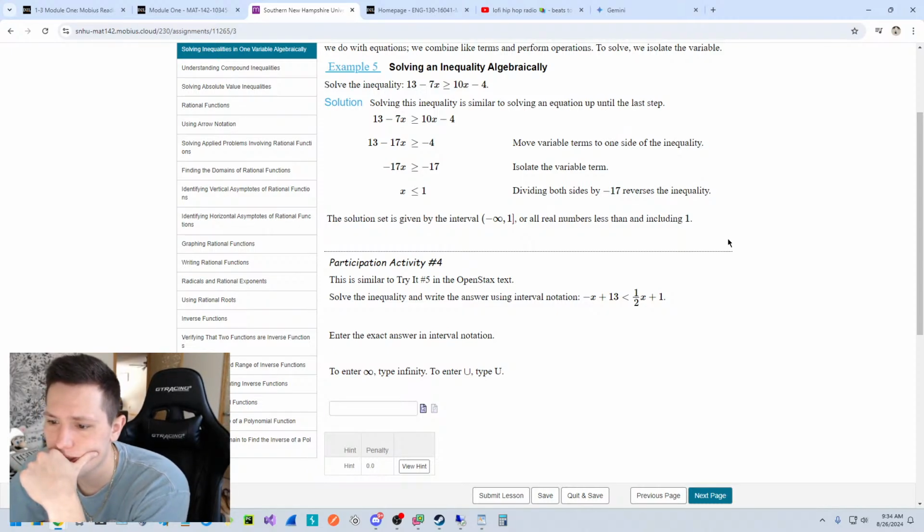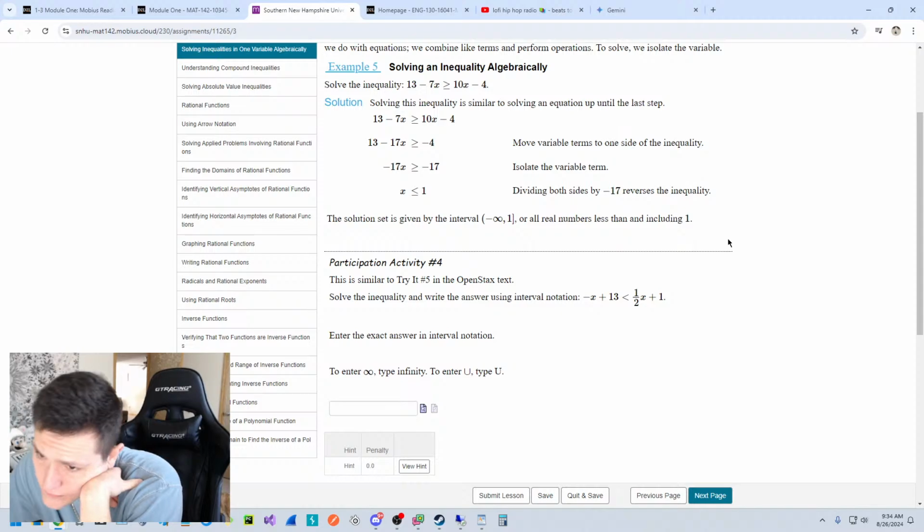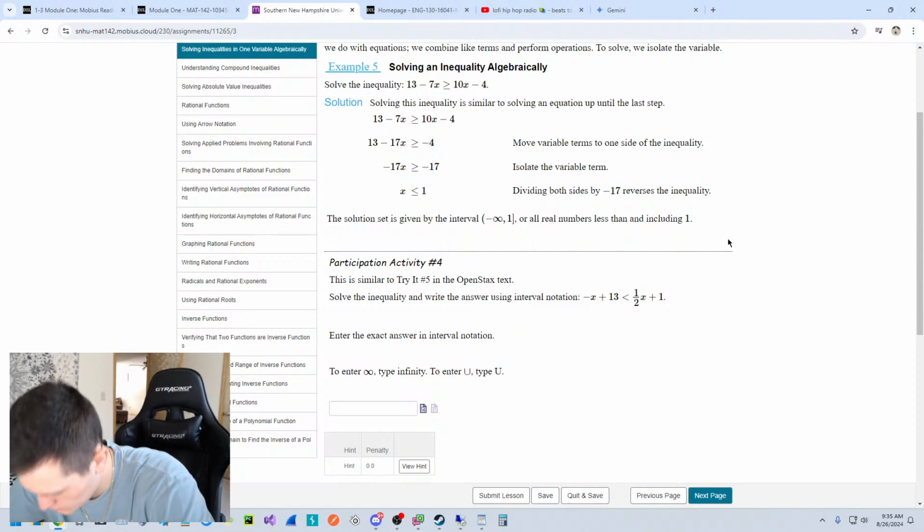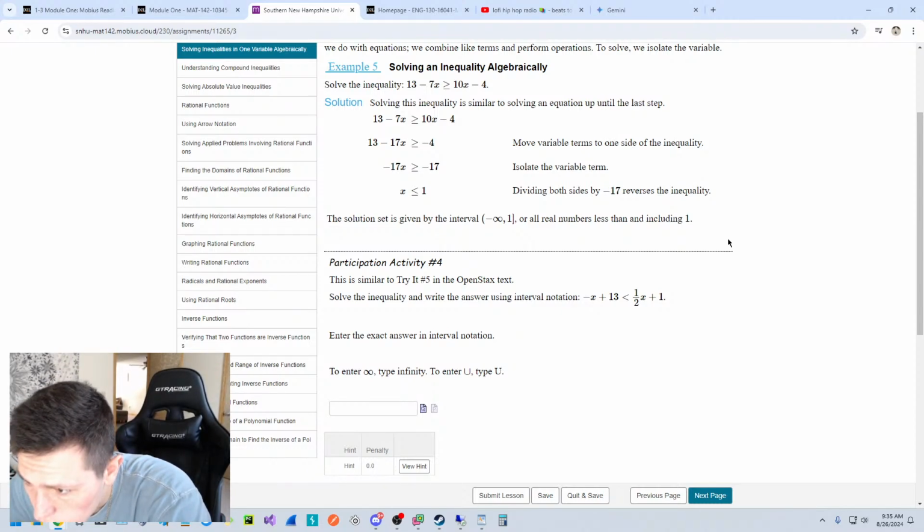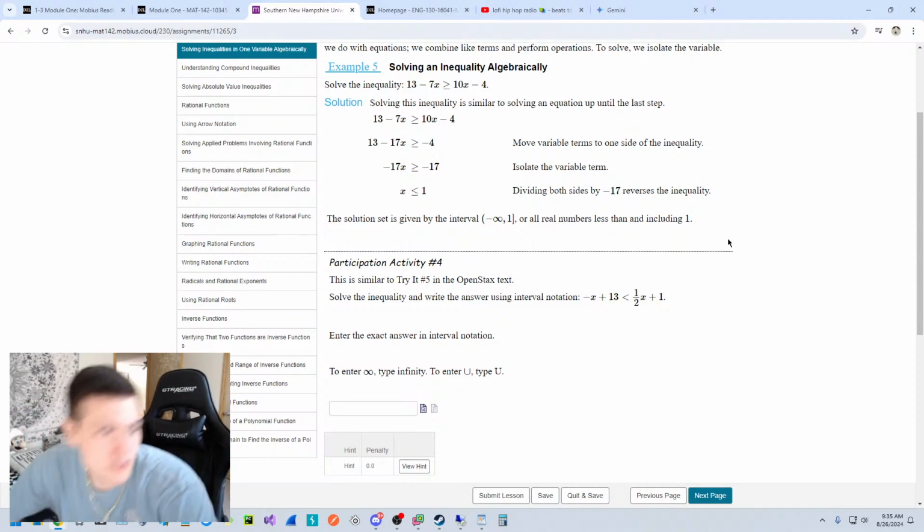This one's confusing because of the half. It would just be... I'm gonna be honest, I'm stumped on this.